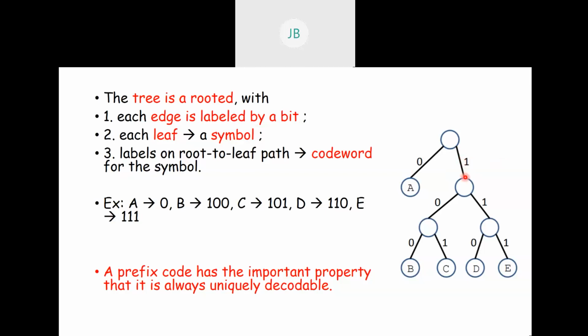So 1, after that we have a leaf here. That's the intermediate. And from this leaf we have again one branch going to the left, the other going to the right. The left side we label as 0 and the right side we write as 1. And again we continue this.